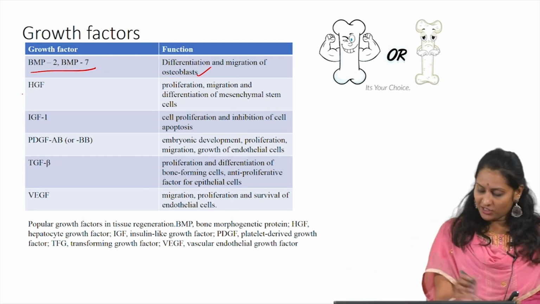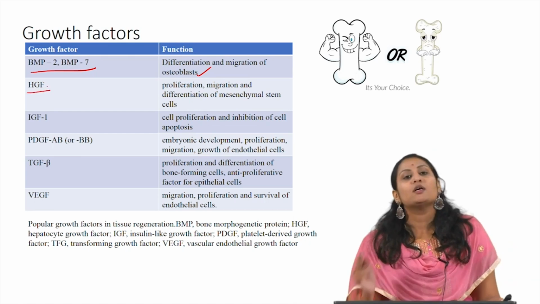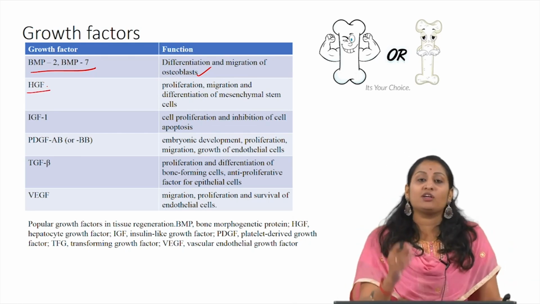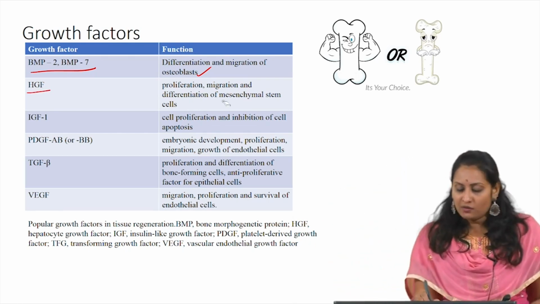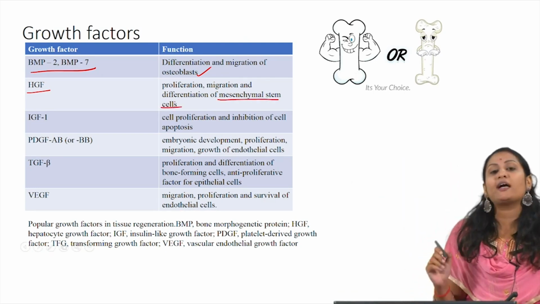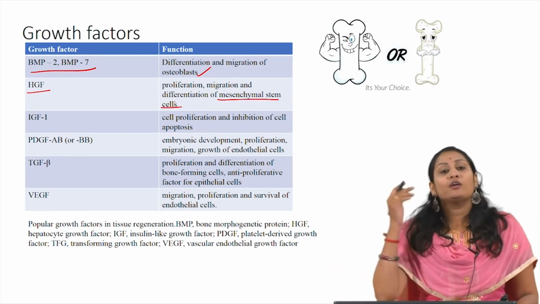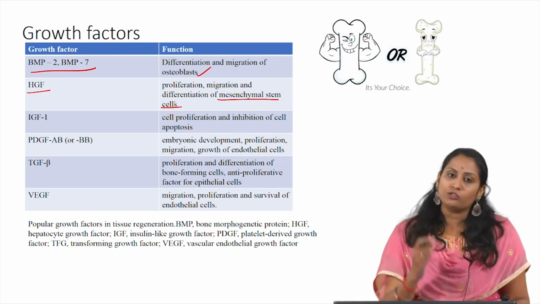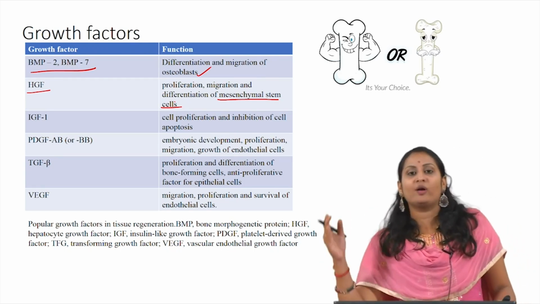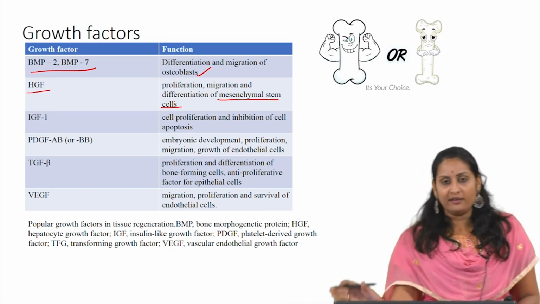And HGF, hepatocyte growth factor, functions in proliferation, migration and differentiation of mesenchymal stem cells, which are very important cells. Mesenchymal stem cells can develop into any number of lineages, not only bone, but also cartilage, tendon or marrow.